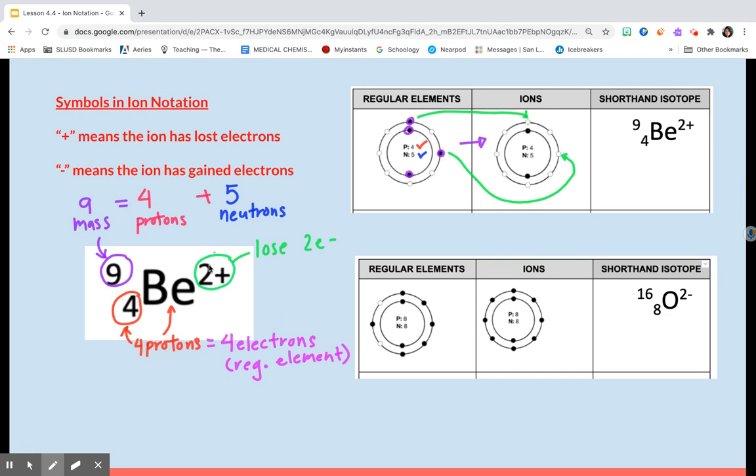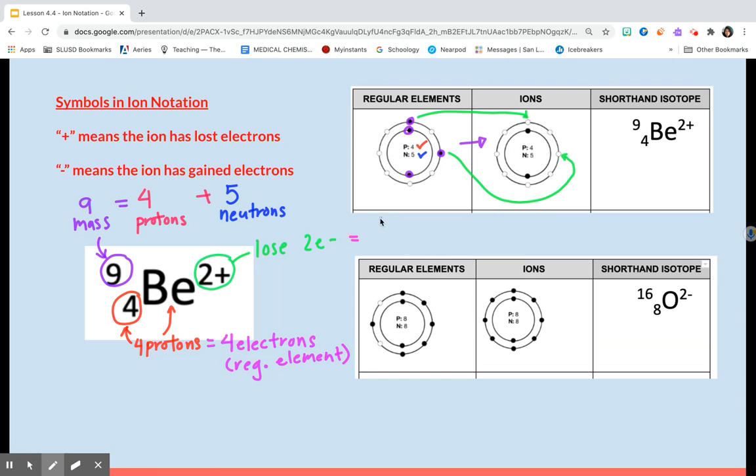So you might be kind of confused. Wait, if I lose 2 electrons, why would it be +2? Well, that has to do with the charge of the protons and the charge of the electrons. So when I say charge, I'm talking about plus or minus. So let me show you why it's +2.